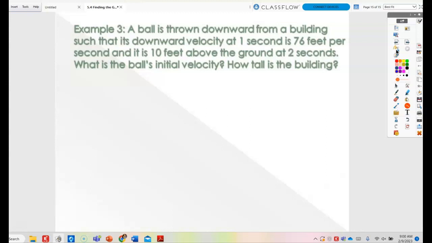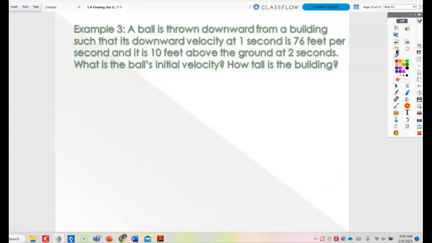All right. So, I feel like every year and every problem in all your math classes, all the way down to algebra 2, they always talk about a ball being thrown. So, a ball is thrown down from a building. So again, standing up on a building, you throw your ball down.